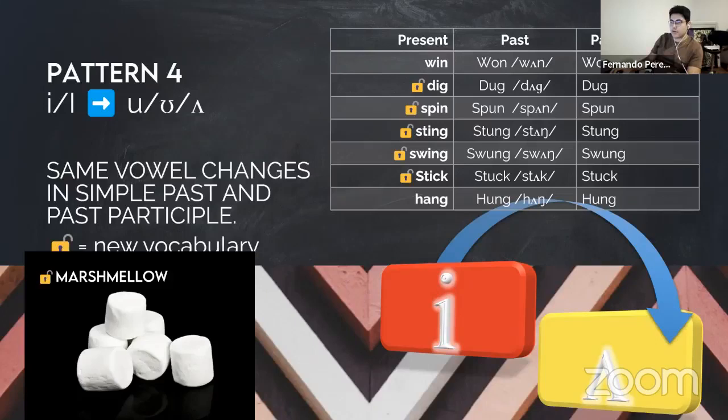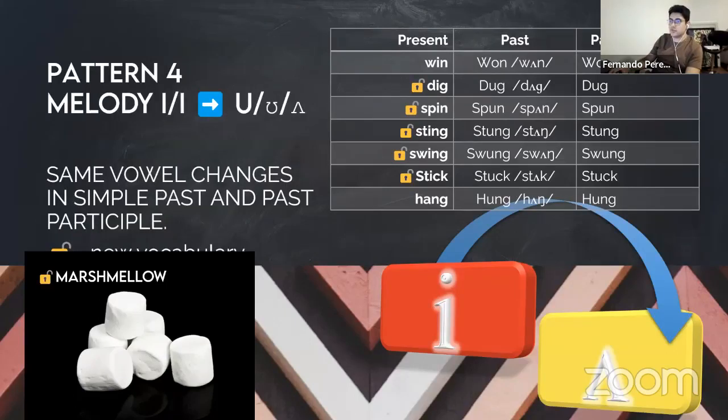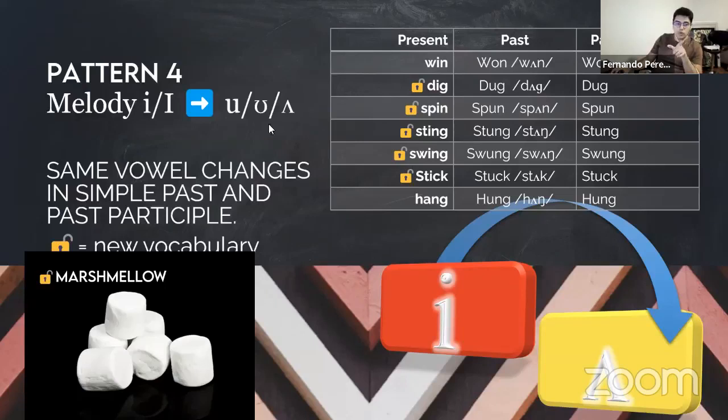In pattern number 4, now we have another melody. Melody I or E transforms to U, O, or A. For universal purposes, we are going to go to I-A.